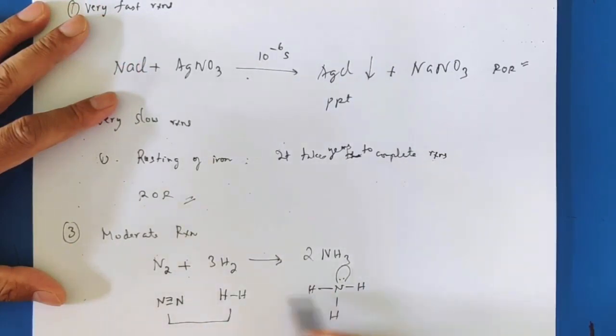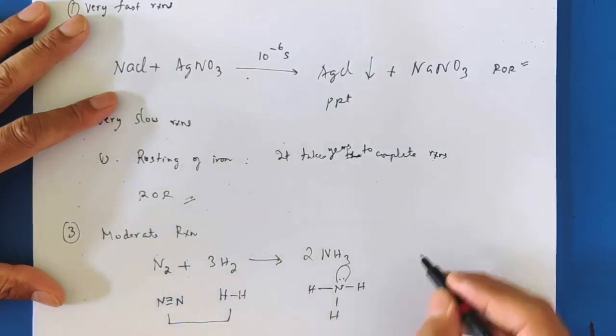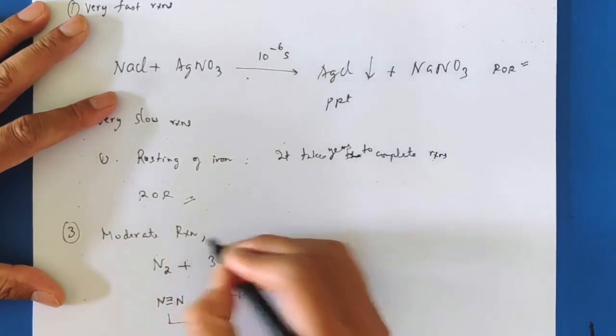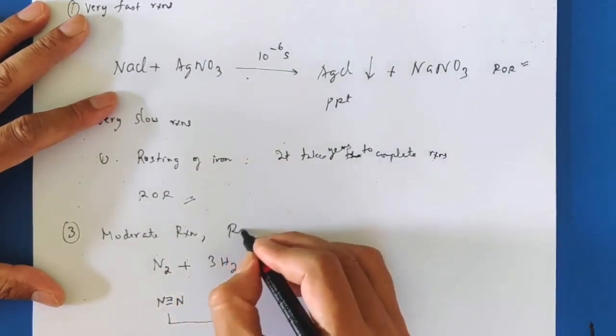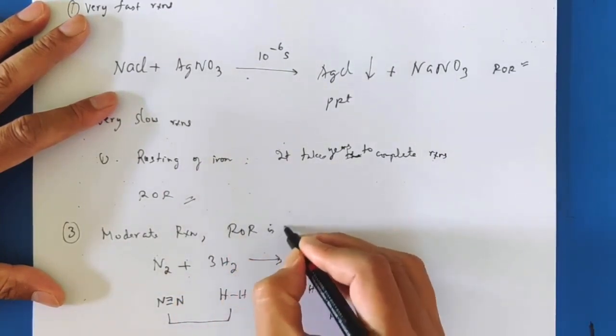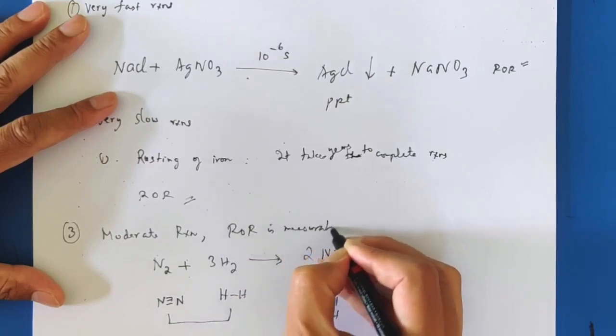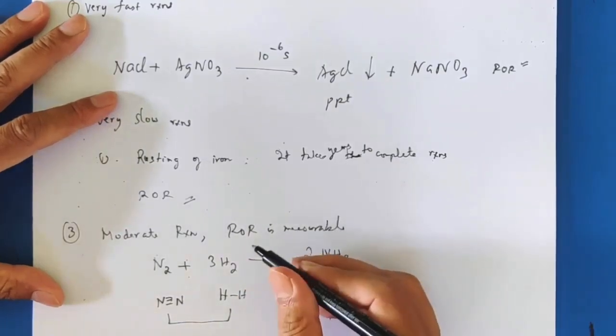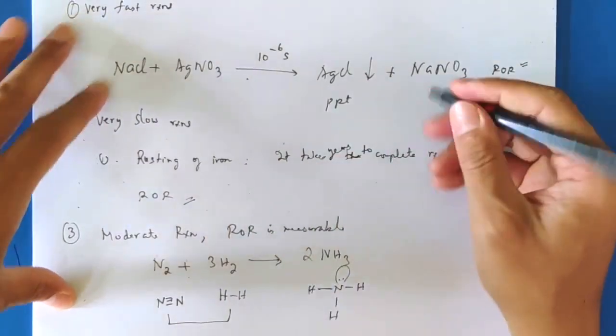It takes a moderate process. So for moderate reactions, the rate of reaction is measurable. We calculate time. That is why we study chemical kinetics.